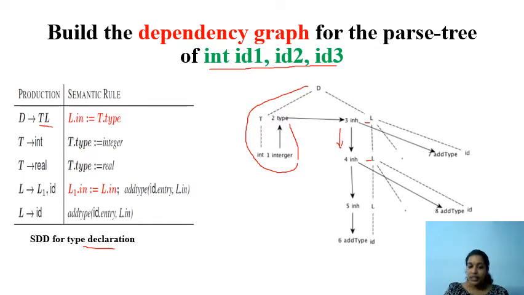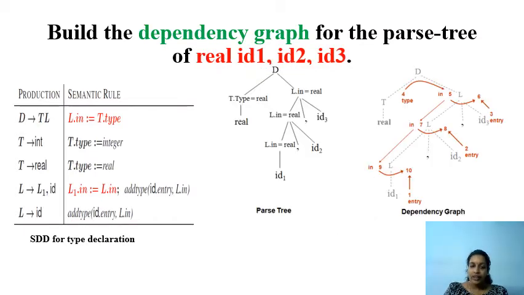That means this L has to be evaluated before performing the second L. And again this arrow shows this L has to be performed before this L. Now this value is ID. And in the case of addEntry(id.entry, L.in), that is performed here, the value of ID along with this inherited attribute is passed into the symbol table.